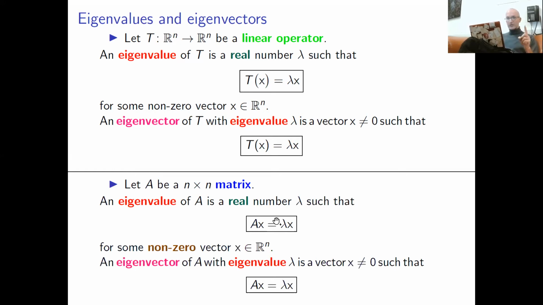The crucial point here is non-zero. And an eigenvector of A with eigenvalue lambda is a non-zero vector x such that Ax is lambda times x. Again, this definition is the same as the previous one after translation into the language of matrices.